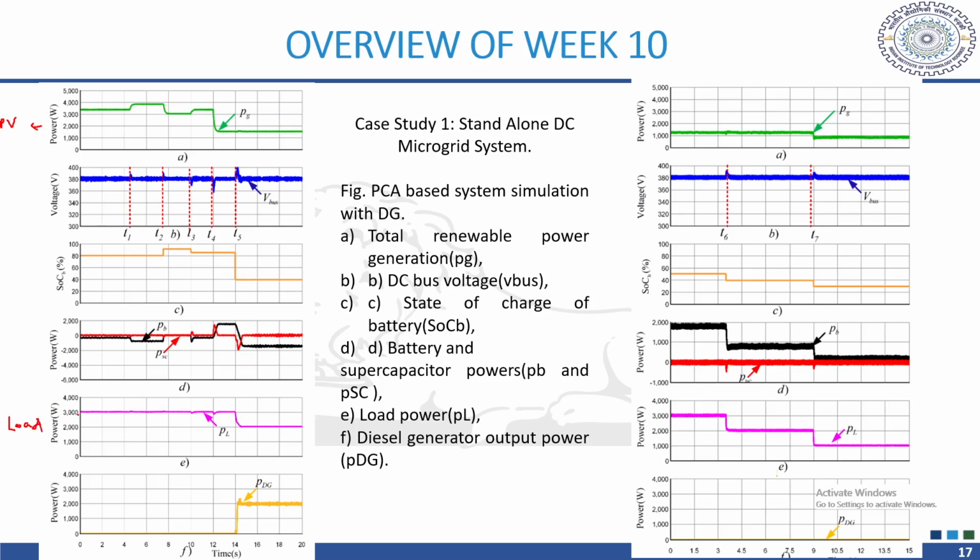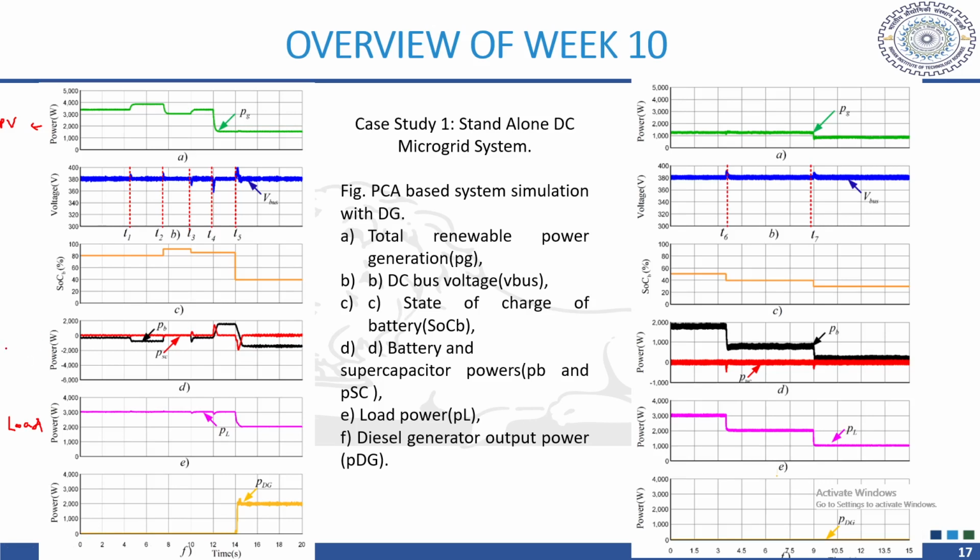First we check that the load is at 3000 and the PV is greater than 3000. Load is at 3000, but PV is around 3500. So during this time, we will have excess generation, so we don't require the PDG. The PDG is 0 here.